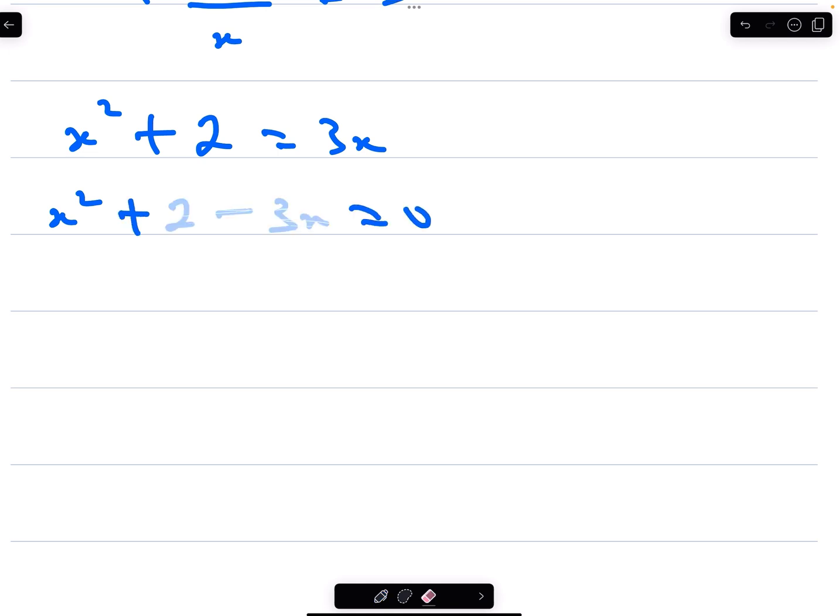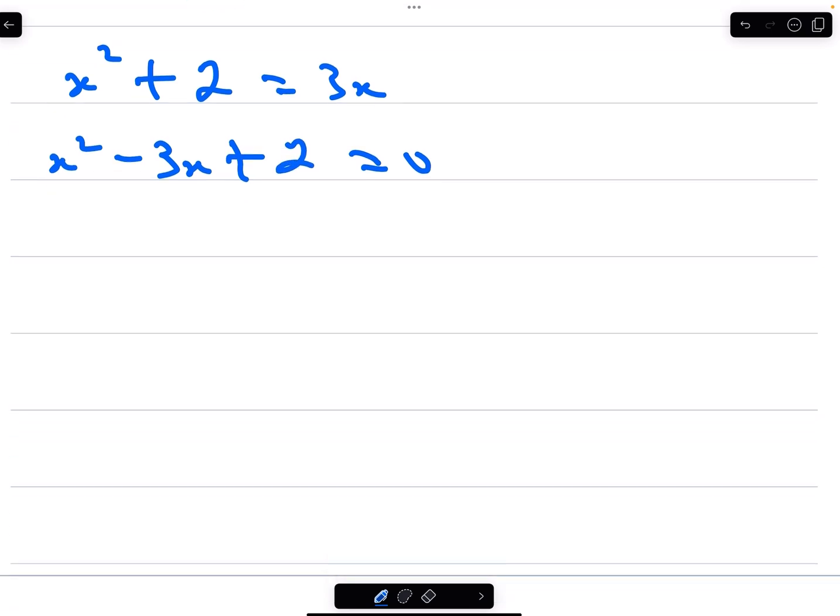I can write that simply as x squared minus 3x plus 2 equals 0. Now let's solve that equation by the factorization method.